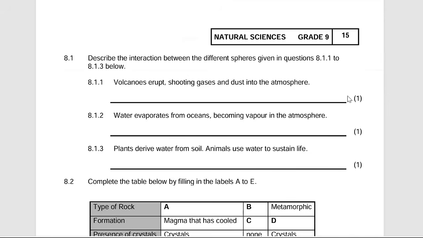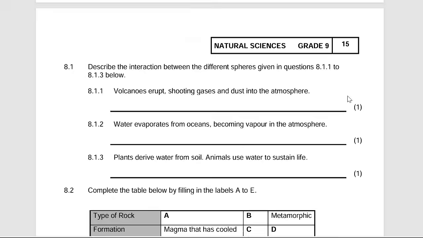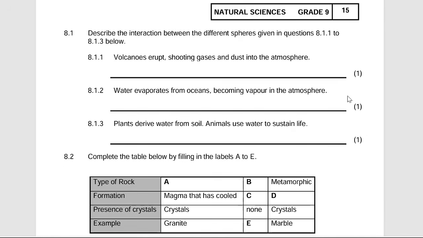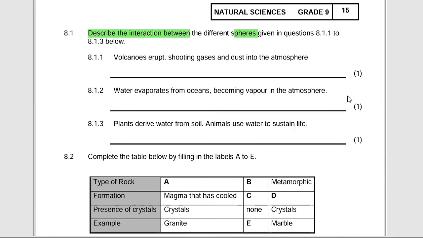So it says volcanoes erupt, shooting gases and dust into the atmosphere. Here we are asked to describe the interaction between the different spheres.